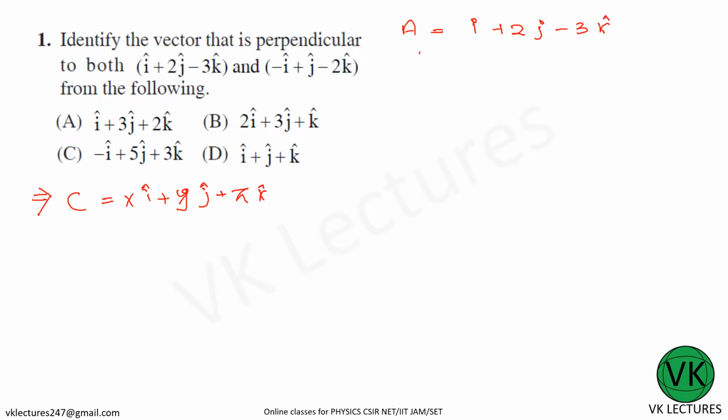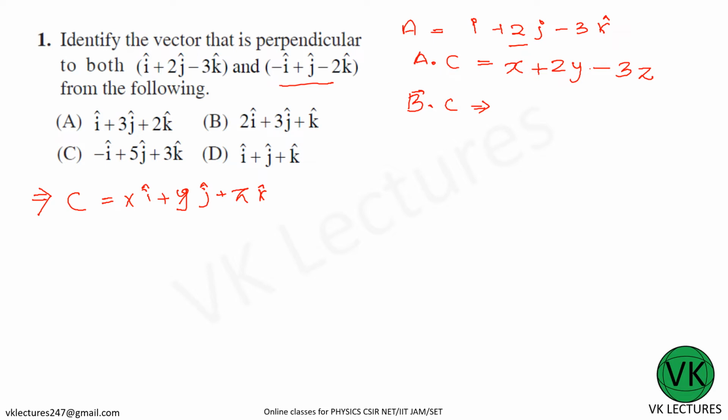So here we can write A dot C should be equal to, A is 1, so that is x, plus here you have 2j, here y, that is x plus 2y, and minus 3 times z, that is 3z. Now that is from A dot C. Now we can write B dot C, where B is this vector, right?